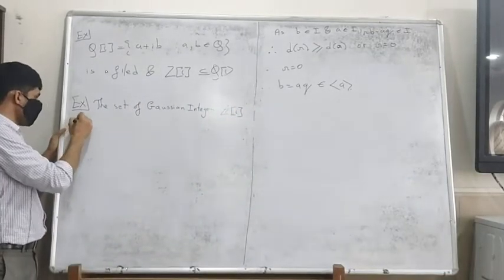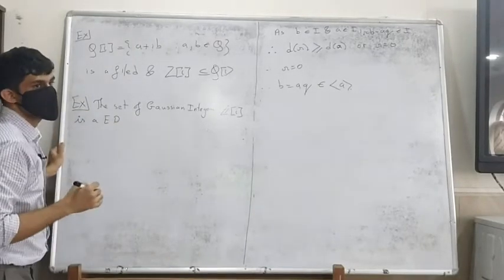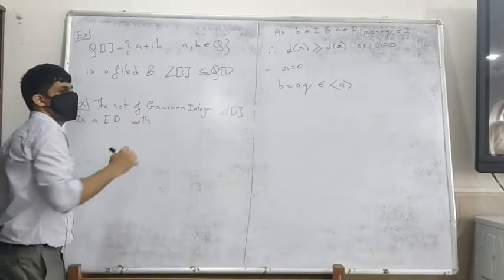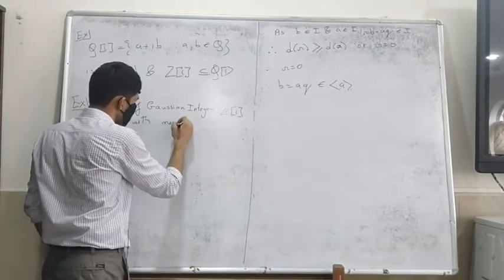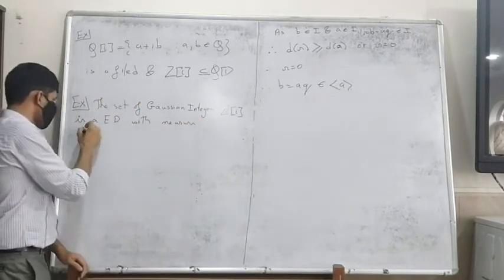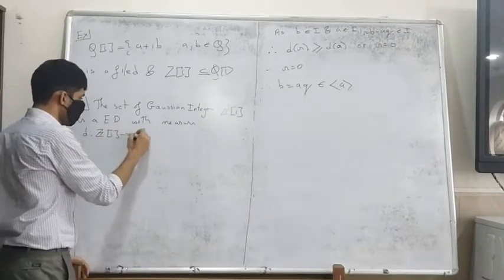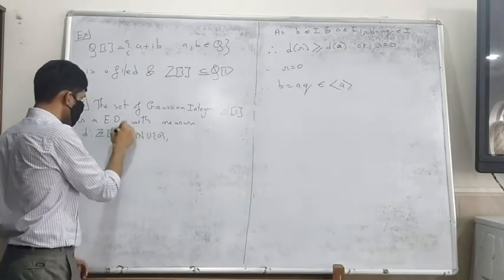Okay, so the set of Gaussian integers Z[i] is a Euclidean domain, and I'll specify the measure. So d from Z[i] to non-negative integers, excluding 0 of course.